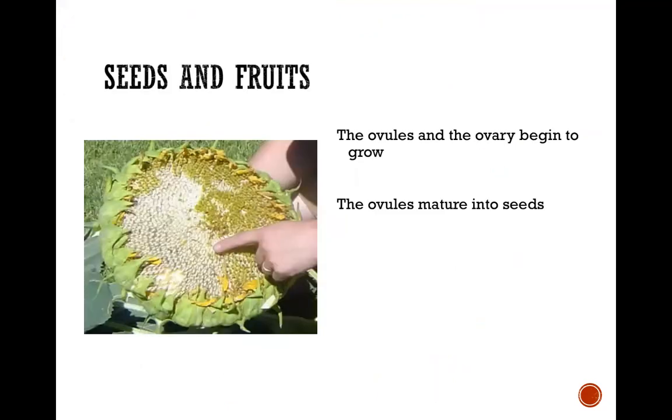And so, as the fruit develops, it will mature these ovules, which are basically embryonic seeds. And these ovules will ultimately mature into seeds that will be released by the fruit and start the whole cycle all over again.